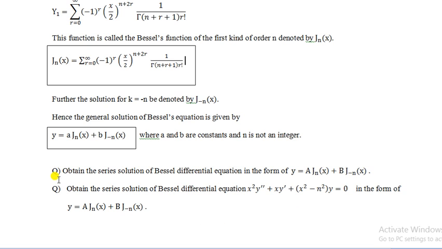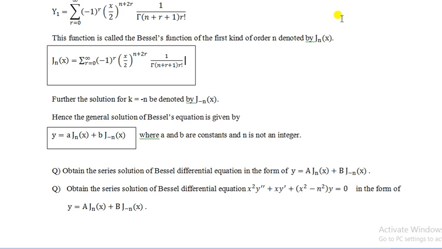In the examination they will ask the question as: obtain the series solution of Bessel's differential equation in the form of y equals a Jn of x plus b J minus n of x. Then you will write the above proof.